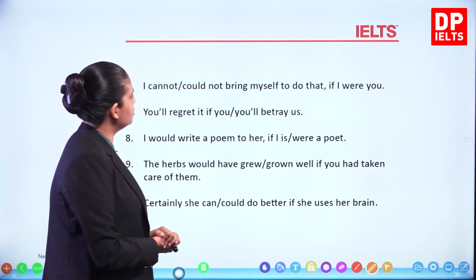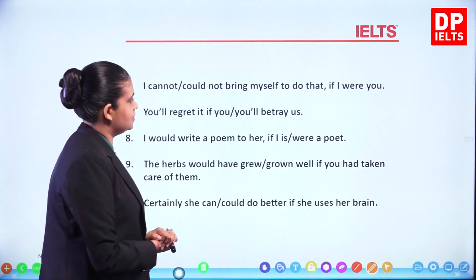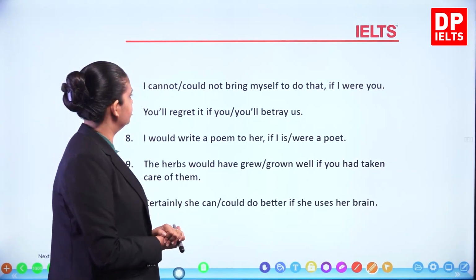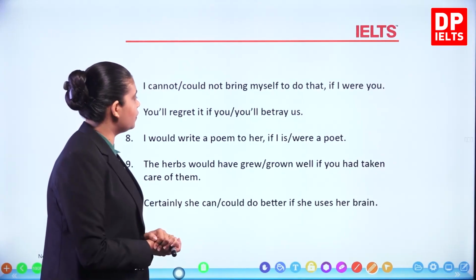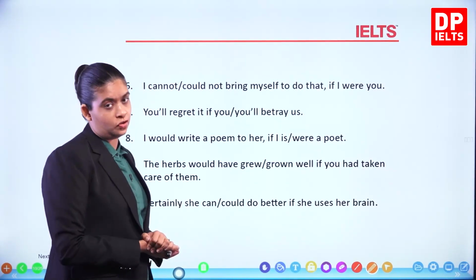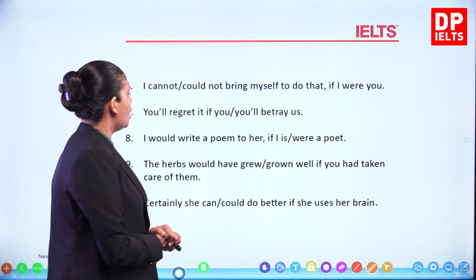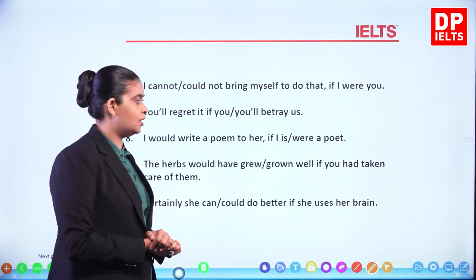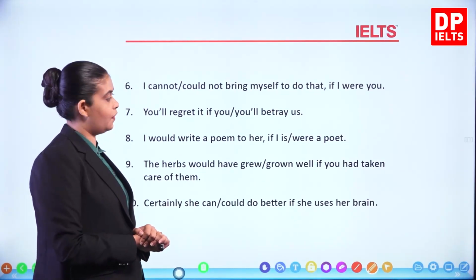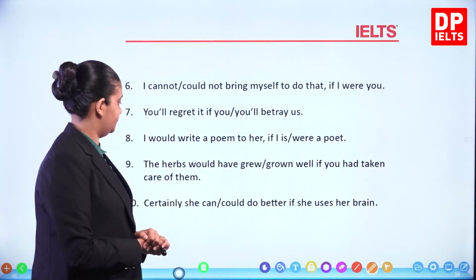I could not bring myself to do that if I were you. You'll regret it if you betray us, if you will betray us. I would write a poem to her if I is a poet, if I were a poet.